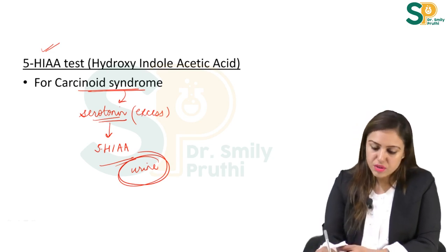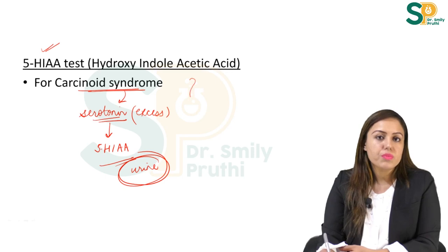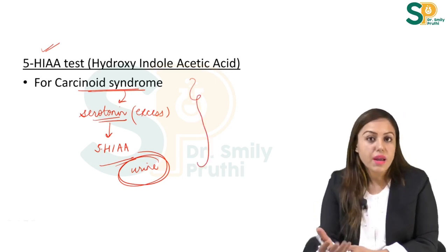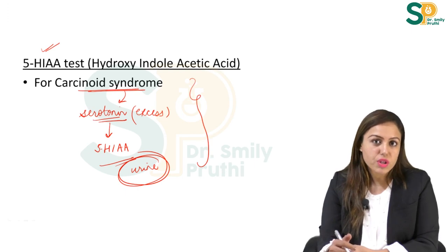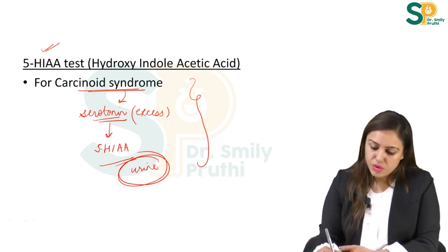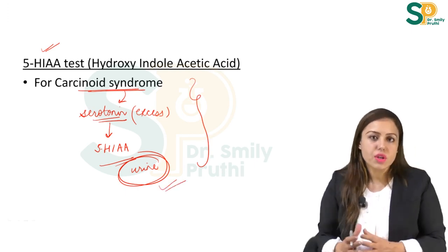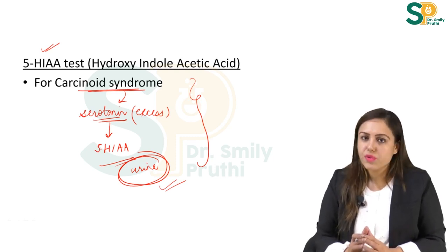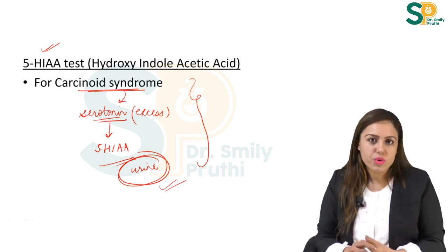I repeat, in carcinoid syndrome there is excess of serotonin, and serotonin's end product is 5-hydroxy indole acetic acid, so it will be coming in excess in urine, and this is the basis of diagnosis. It is done in a 24-hour urine sample.